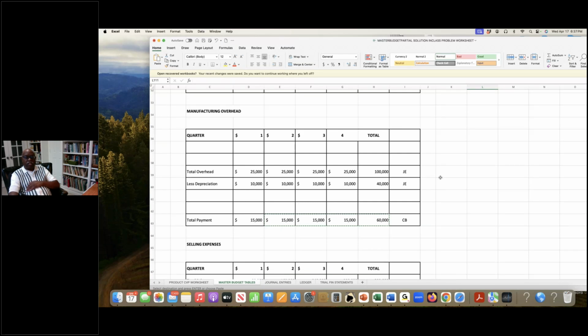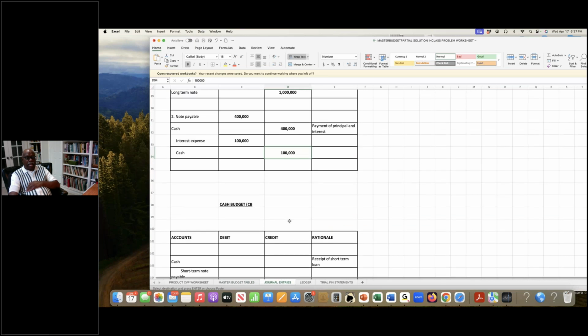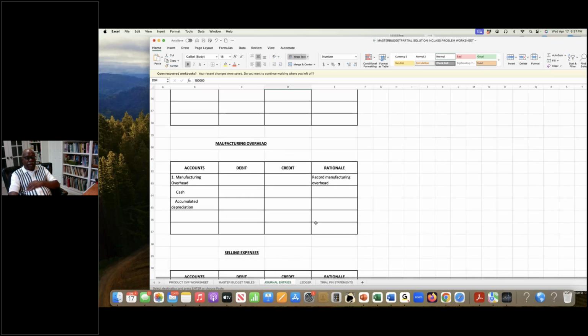So I see 100, I see 40, and I see 60. I go to my journal entries for the manufacturing overhead. The total overhead was how much?